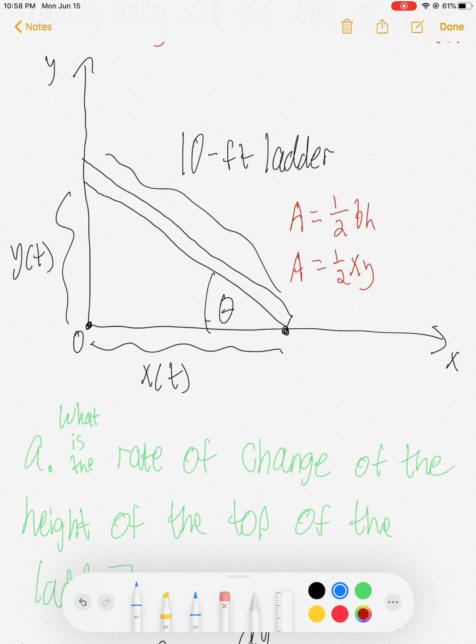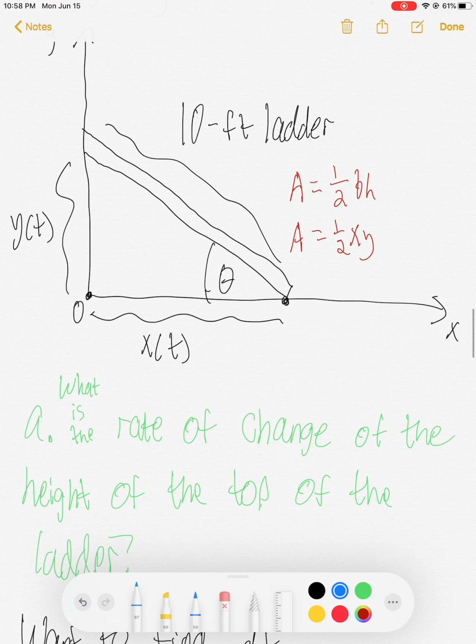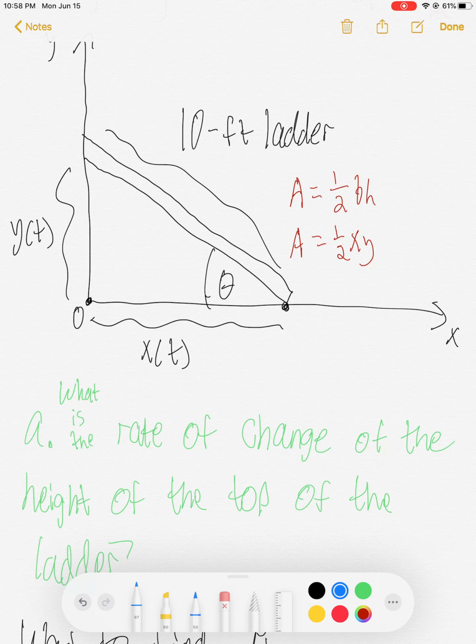Again, by then they mean when x of t is 6. At what rate is the angle between the ladder and the ground changing when x of t is 6?